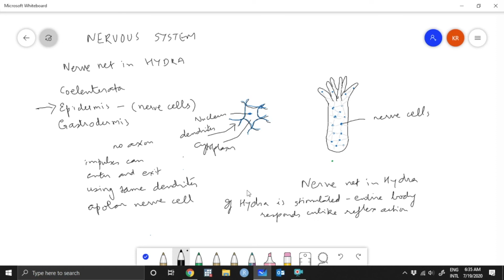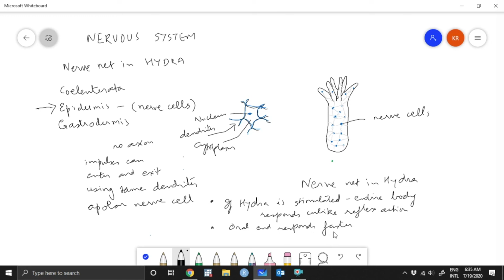So that is one. And secondly, the oral end responds faster. The oral end responds much faster than this.